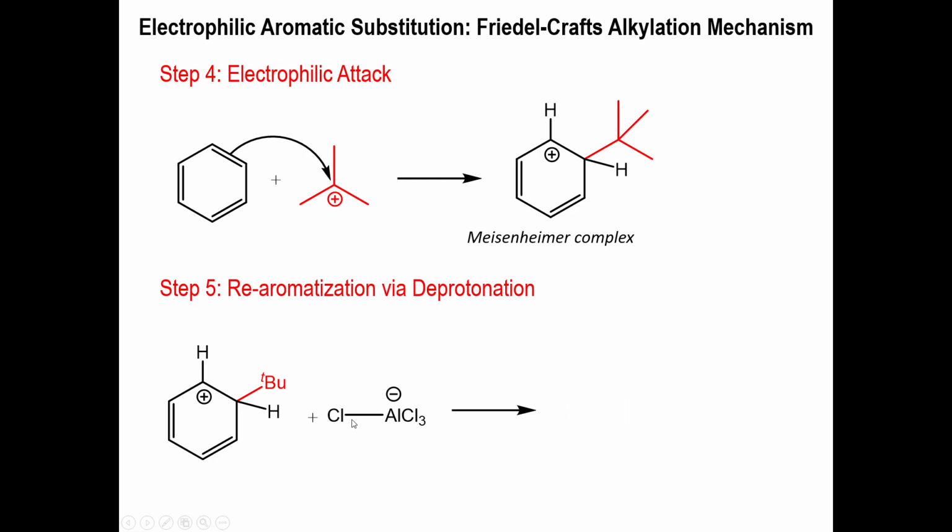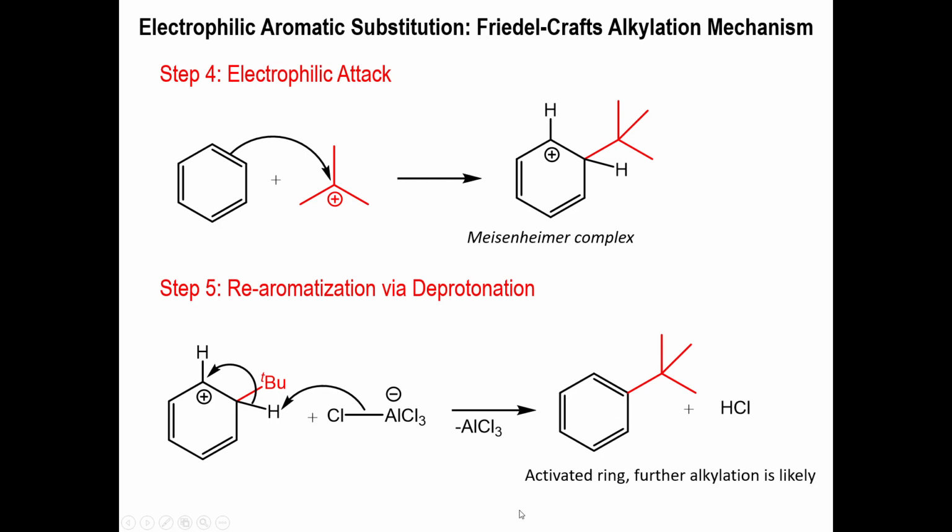In essence, the chloro substituent that's drawn out here attacks with its lone pairs of electrons to remove the proton of the Meisenheimer complex and reinstate the aromaticity of that ring. So at the end of this process, you end up with t-butylbenzene. So that's kind of the idea.